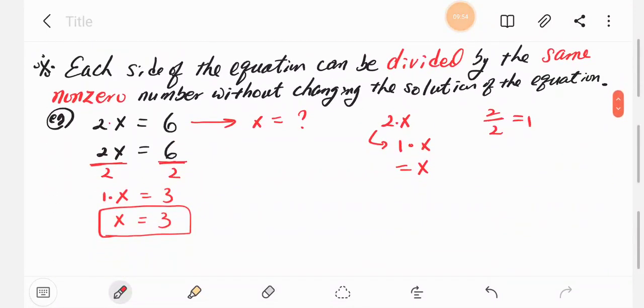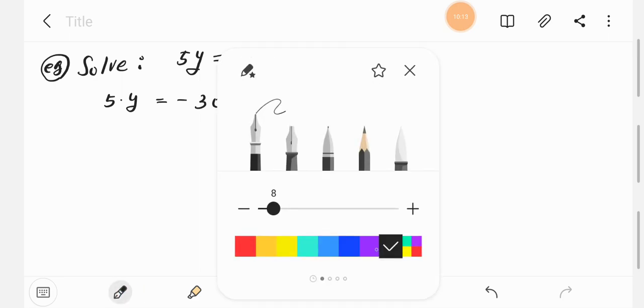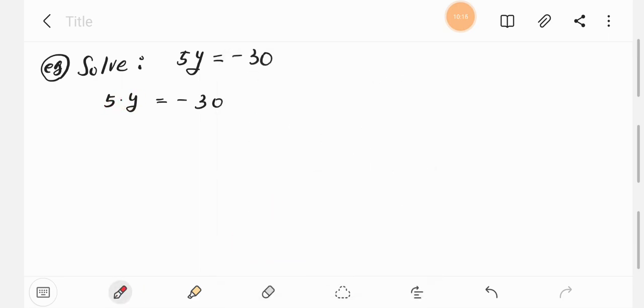Okay, let's try to solve this equation. So 5y equals negative 30. The variable y is in a product, 5 times y, isn't it? Then if this is a product, you can divide each side by the same number, 5. This is 5 times y, then divide each side by 5 so that the 5 cancels out.